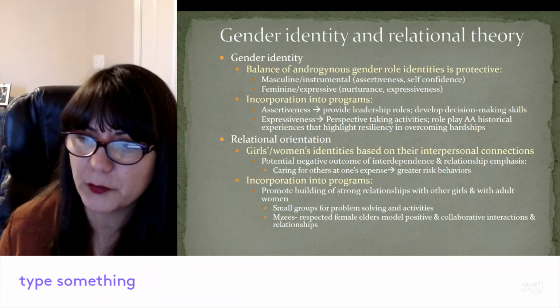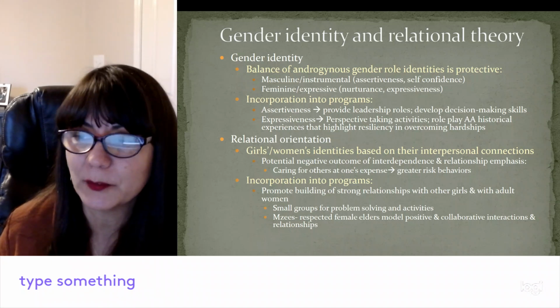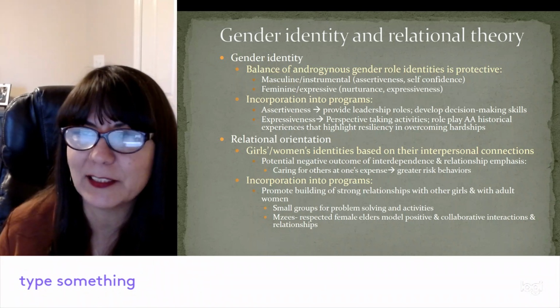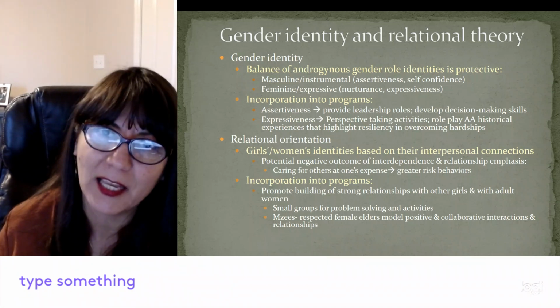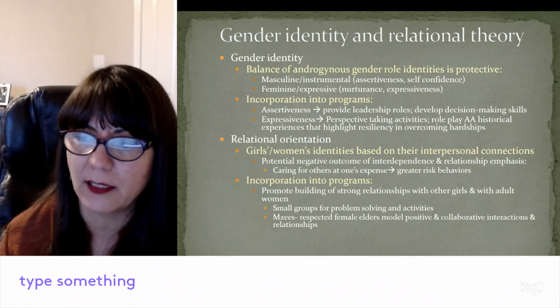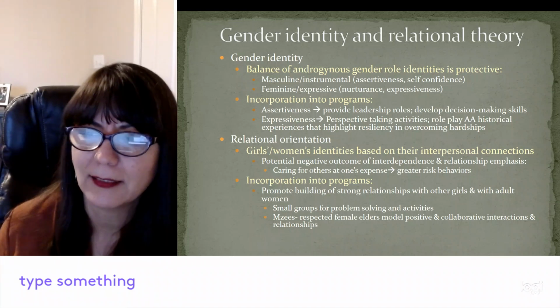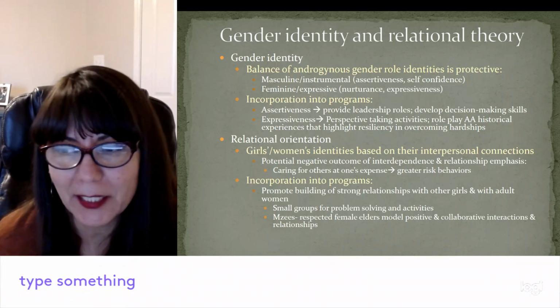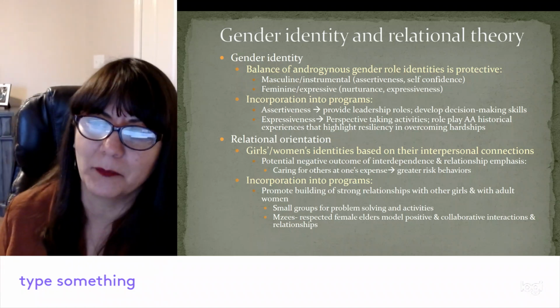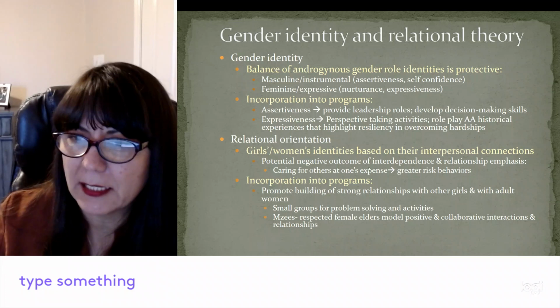And then they also worked to bring in female elders, right, to model positive behavior and positive relationships with others. And apparently these respected female elders are called, I think I'm saying it right, MCs. Maybe that's not the correct pronunciation, but that's how they were listed.